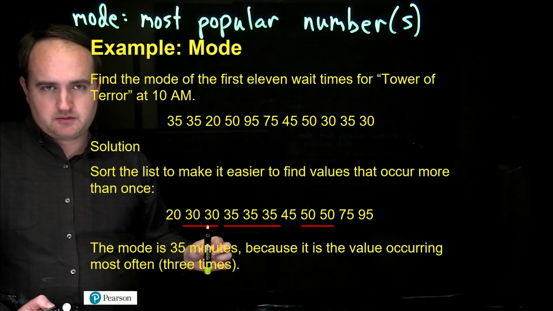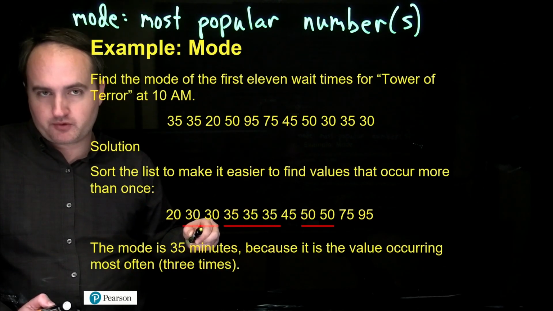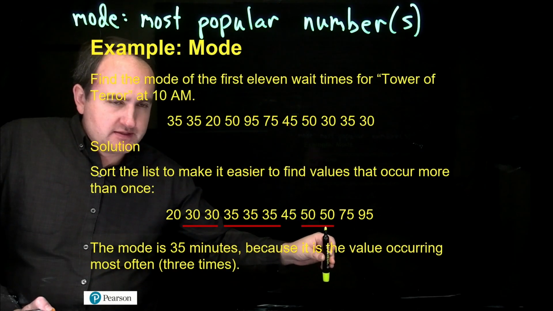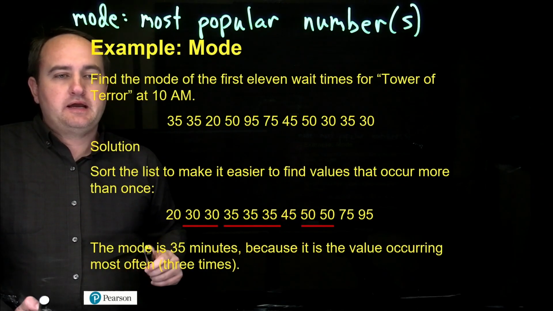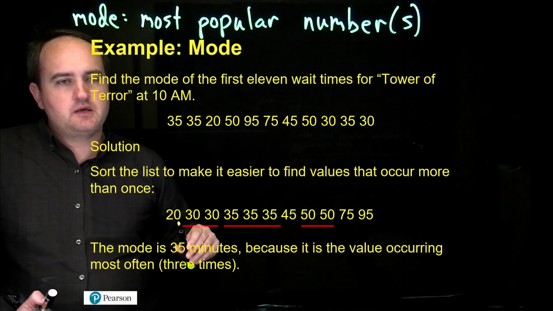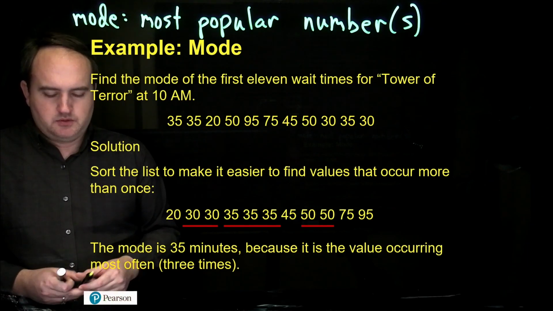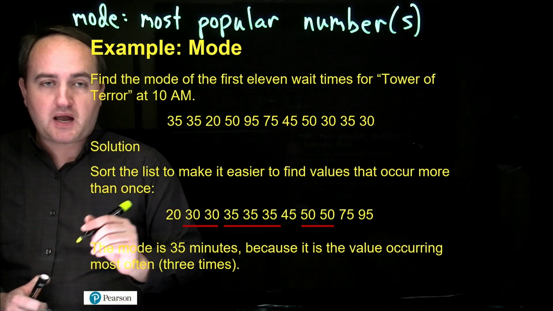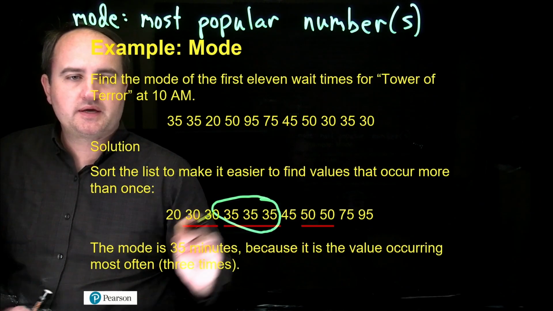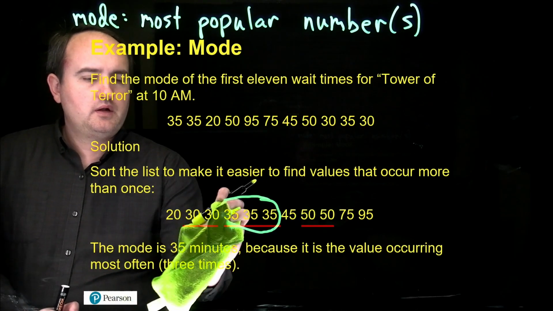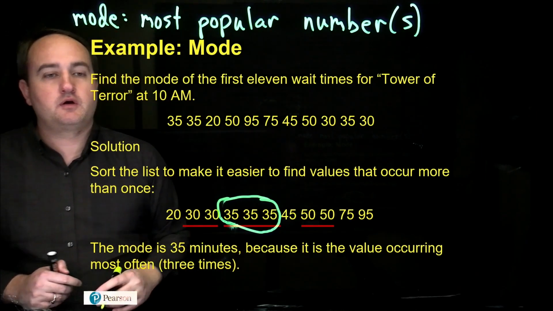So there are two 30s, there are three 35s, so 35 is more popular than 30. There are two 50s, so 35 is also more popular than 50. And then all the other numbers, 20, 45, 75, and 95, each only occur once. So clearly the most popular number here in this list would be the 35, because there are three of them, and no other numbers occur three times.